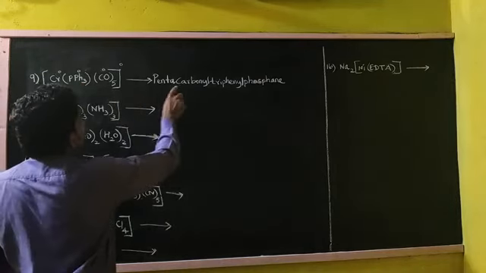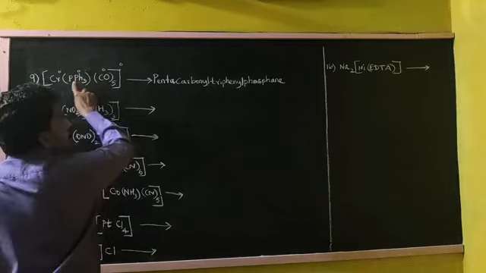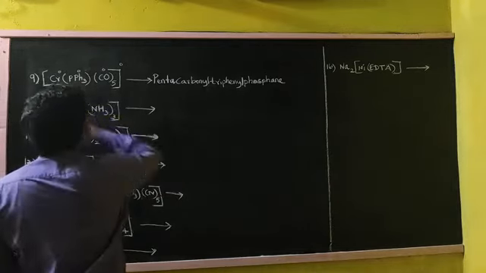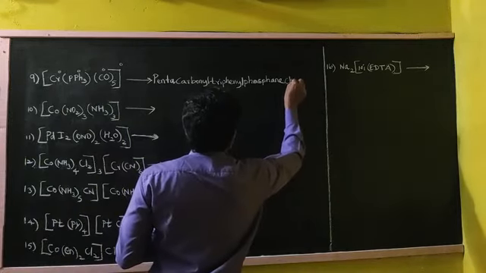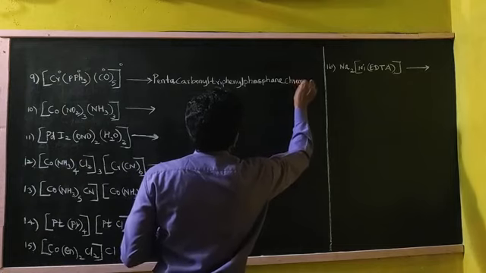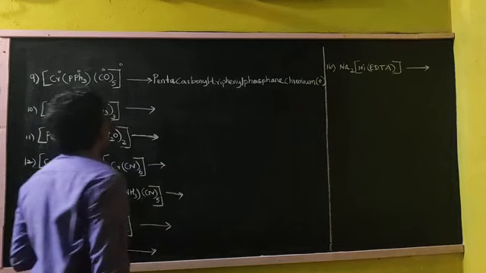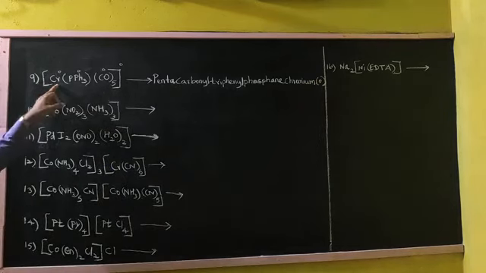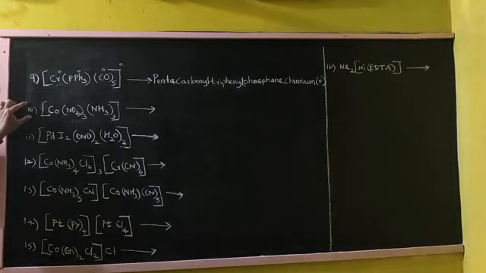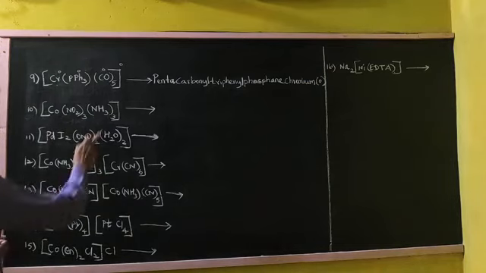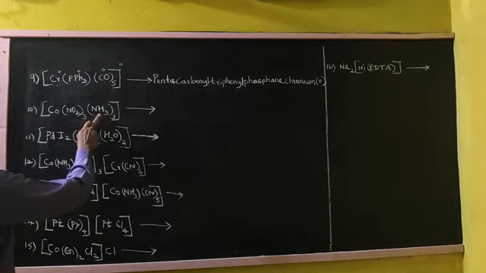So pentacarbonyl, triphenyl phosphate, then chromium, the charge is 0, right?